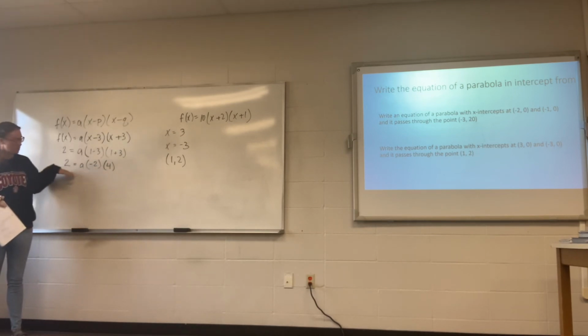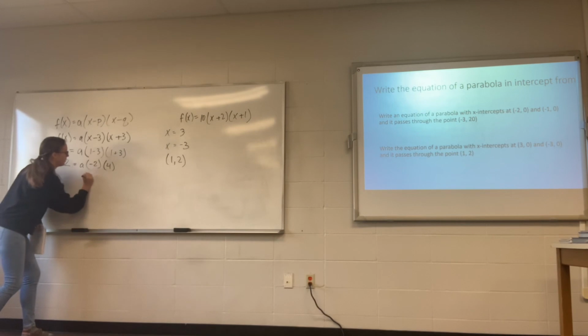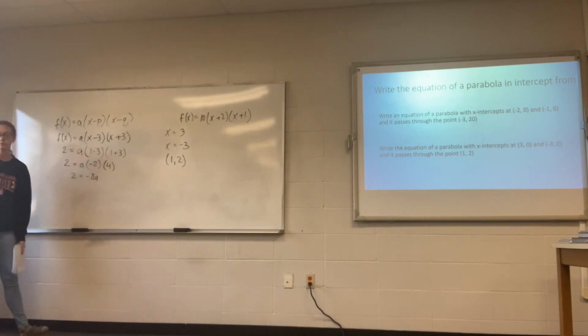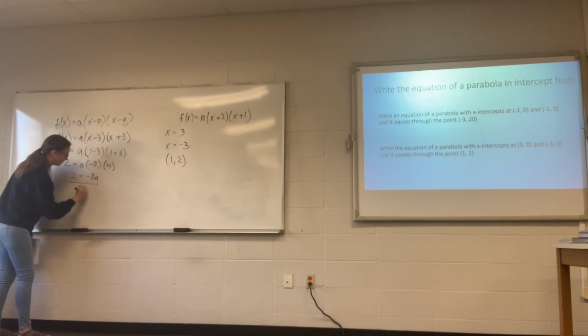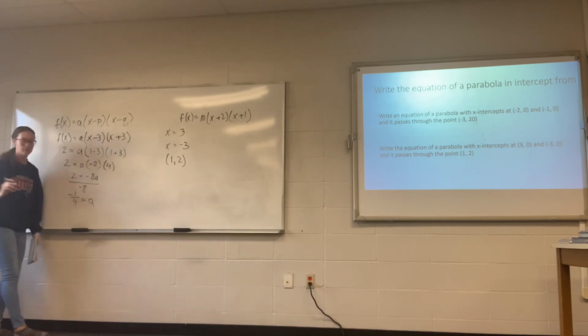Now all of this is going to be multiplied together. So 4 times -2 times a is going to give me -8a. So I have -8a is equal to 2. Now to get a all by itself, I can go ahead and divide by -8, and when I simplify it, I have -1/4 is equal to a.